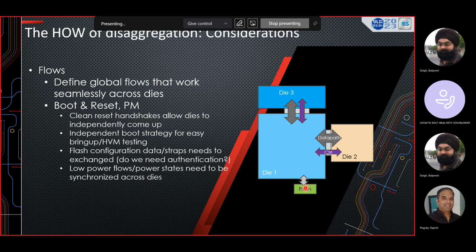But if we say that we need to encrypt the data that's going across the dies, which is more like security, encryption is something that might come in the data path. Because there, what you're saying is that I have very critical information passing between these two dies, and I don't want anybody to be able to probe it, even through the package.